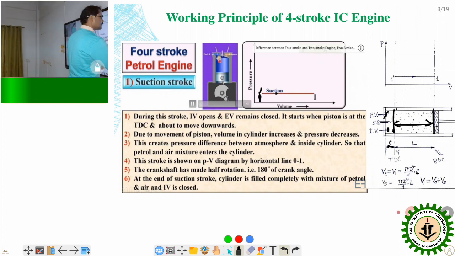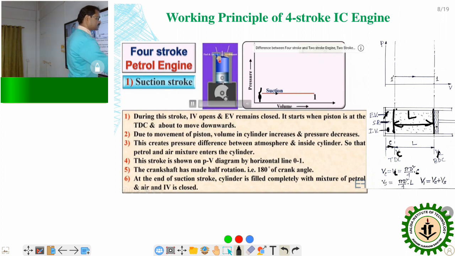This is the stroke length. Then what will the volume be? The stroke volume is equal to the cross sectional area, pi d square by 4, into the stroke length L. Here it is written V1, but it is Vc.